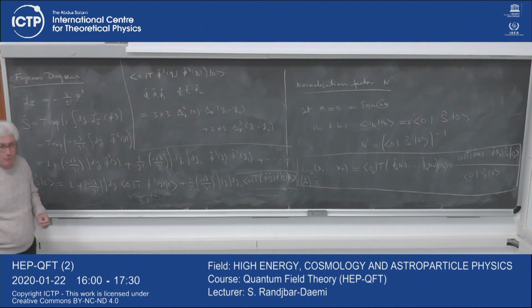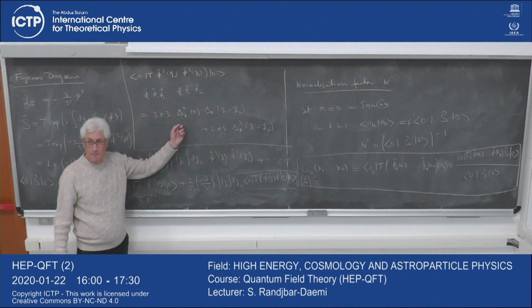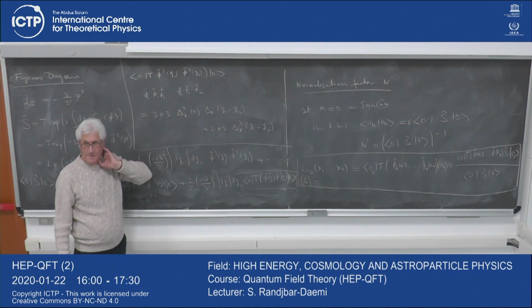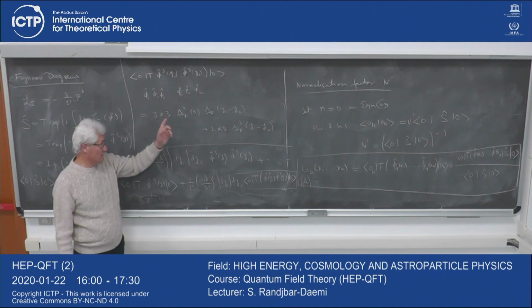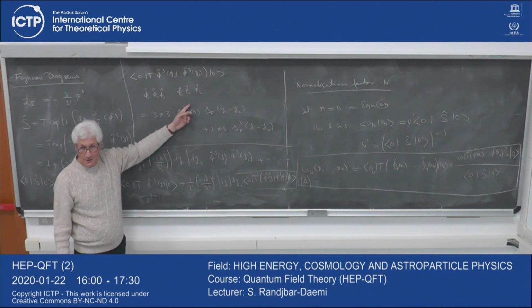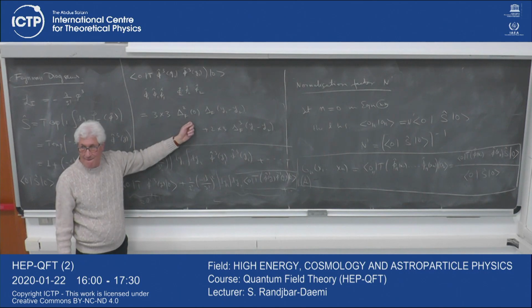So can one of you tell me where this 3 times 3 comes from? Quadratic phi 1 with phi 2, phi 2. It comes from all possible ways of contracting these ones with this, with the condition that... where does this come from? Which contractions give you this?